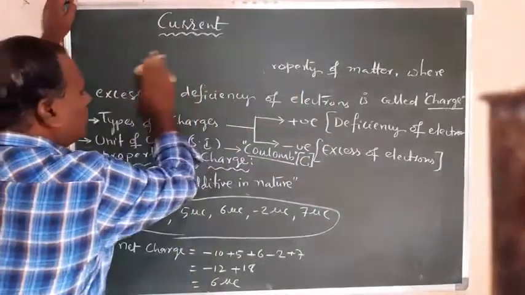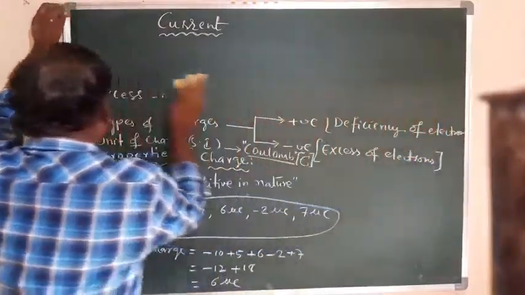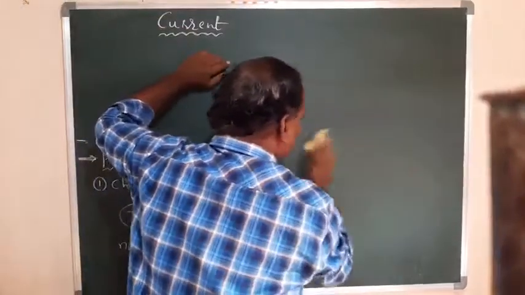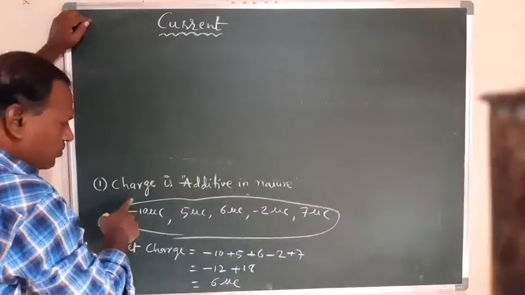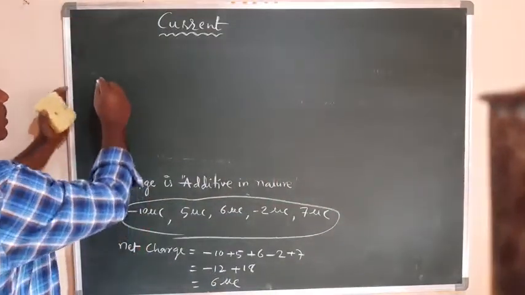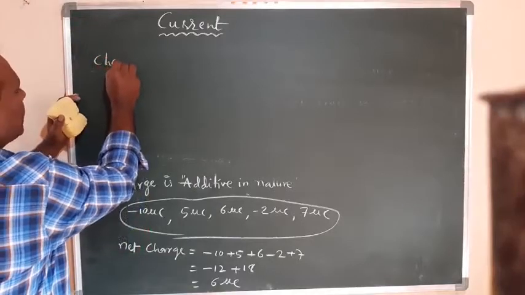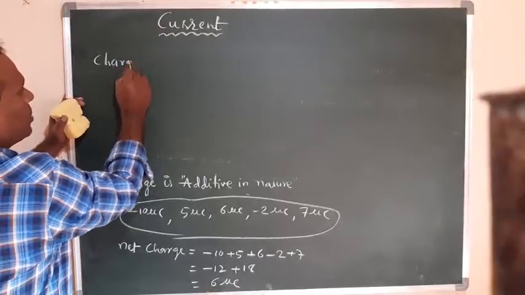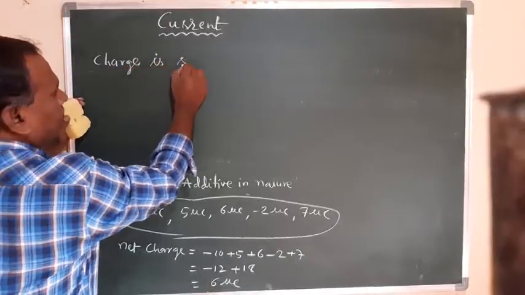Right? So from this first property, we can get the information that charge is a scalar quantity, correct? It is not a separate property, under this first property only you can get this information. Charge is scalar quantity.